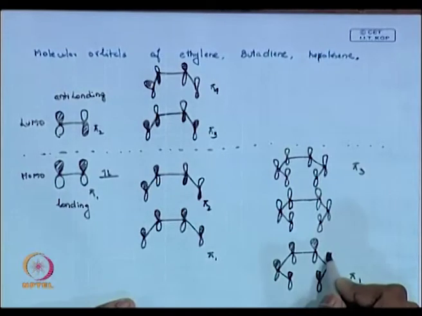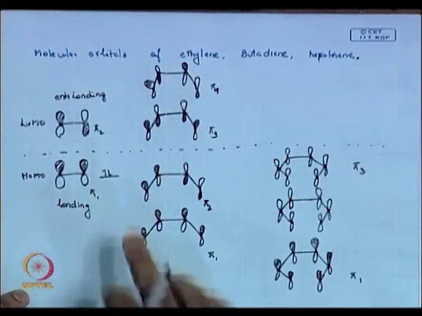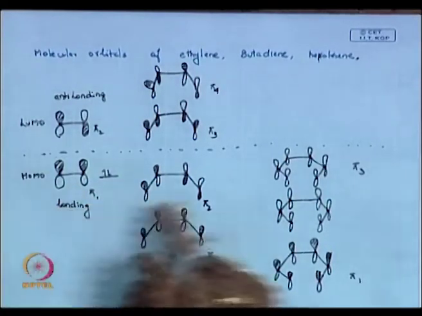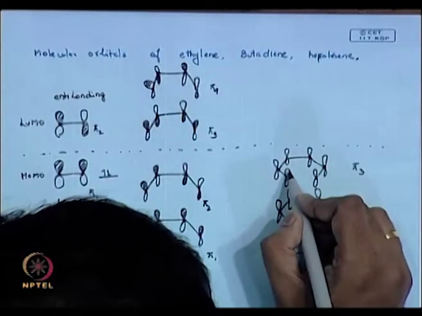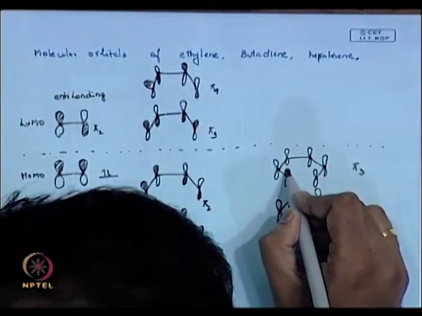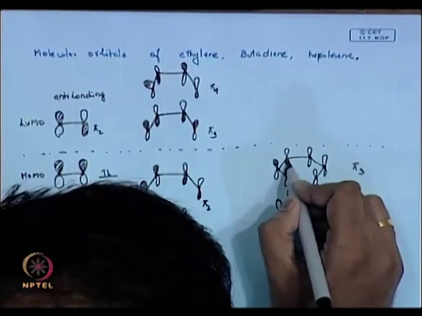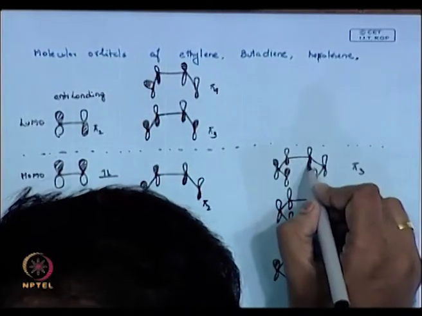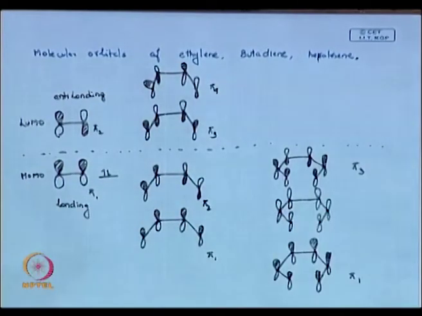So this all will be in the same phase because of these two mixing. If I mix pi 1 of my ethylene and pi 2 of butadiene, you just see that, I get my pi 3.